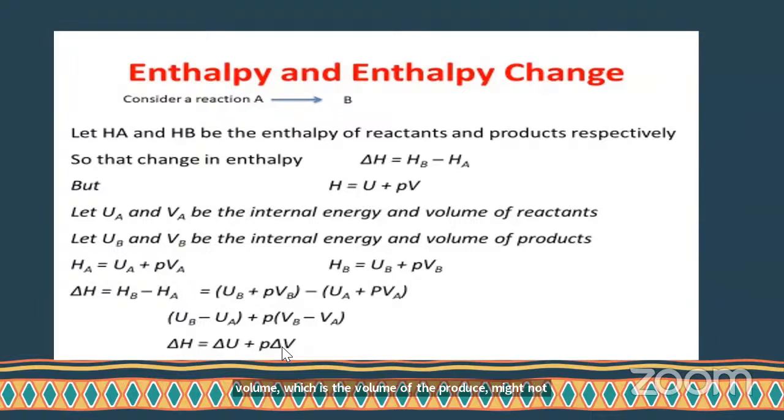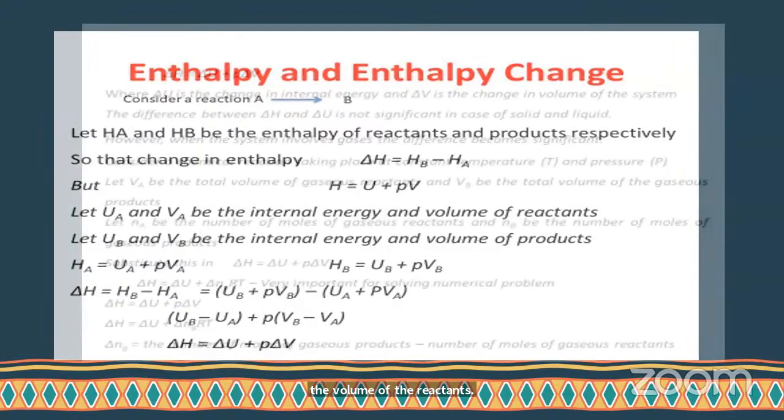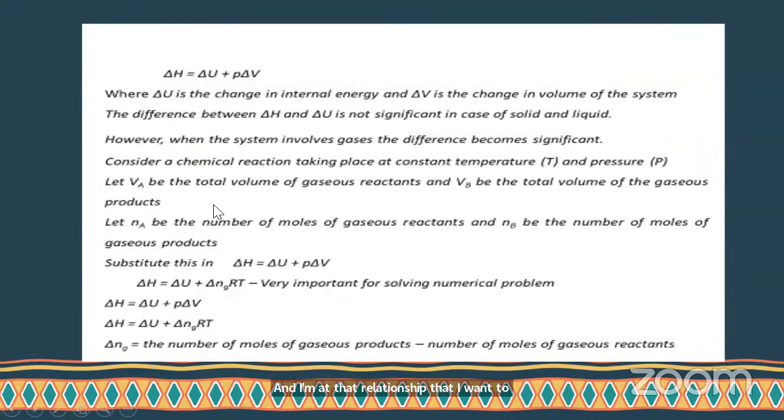Then another relationship that we want to look at is when you consider a chemical reaction that is taking place at constant temperature. We've already noted that of constant pressure. At constant temperature, we are going to be involving the number of moles of the gaseous reactants and products. And so you have delta Ng.